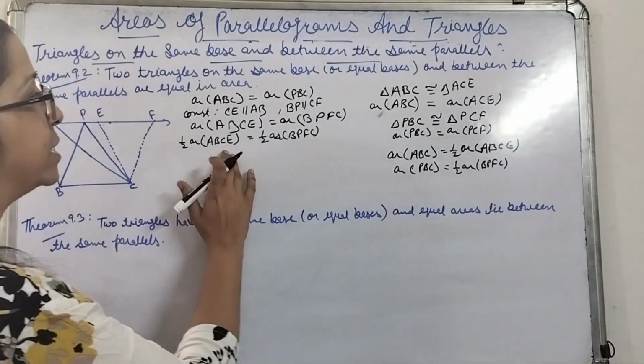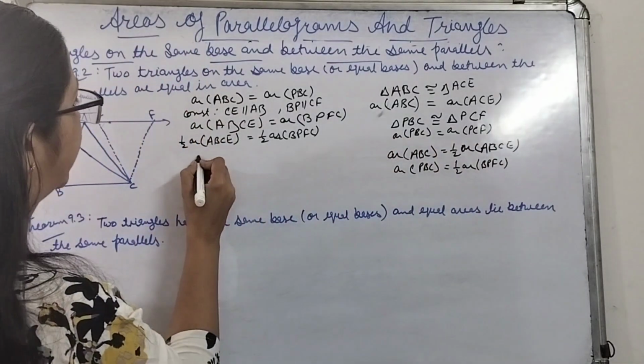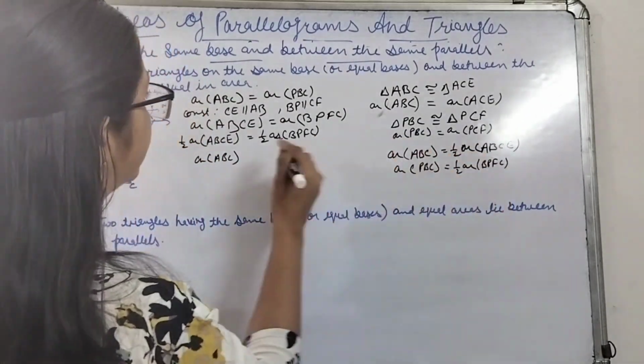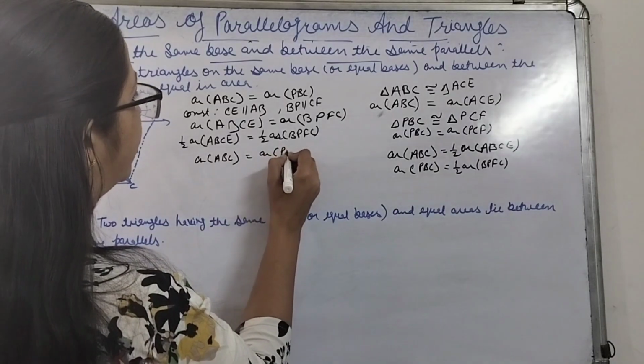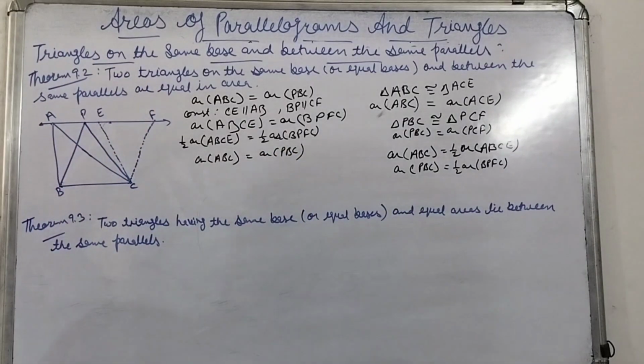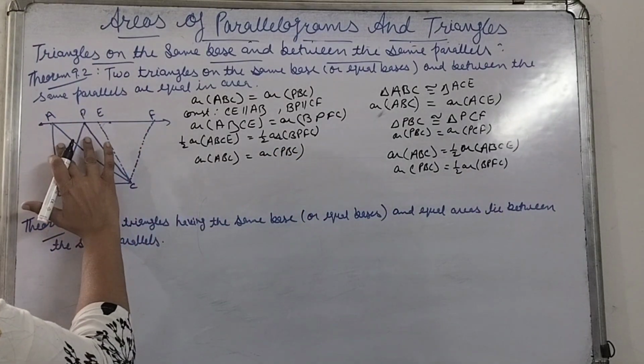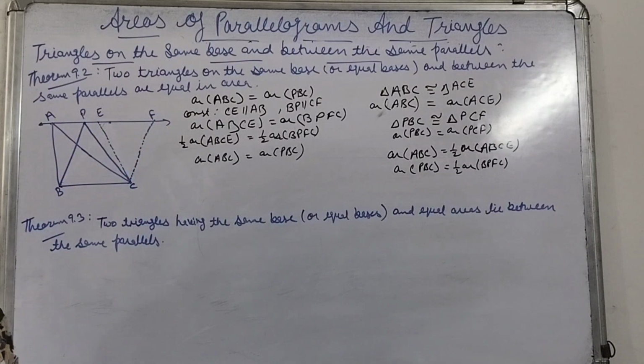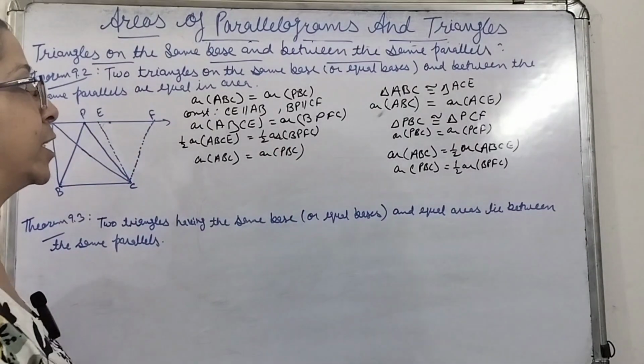So half of ABCE could be written as the area of ABC, and half of BPFC could be written as the area of PBC. And this was to be proved, that if there are two triangles on the same base and between the same parallels, then their areas are equal. So this is how we can prove it.